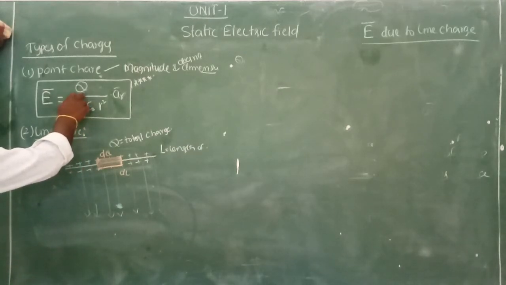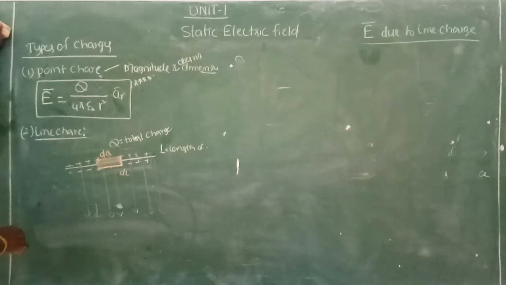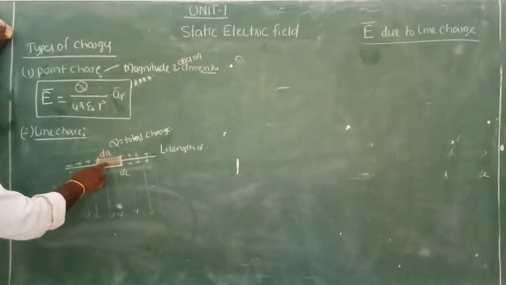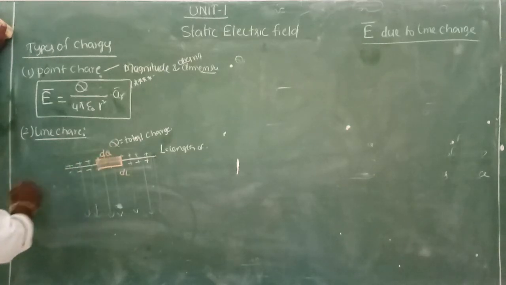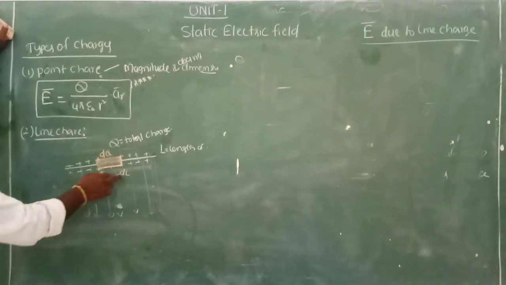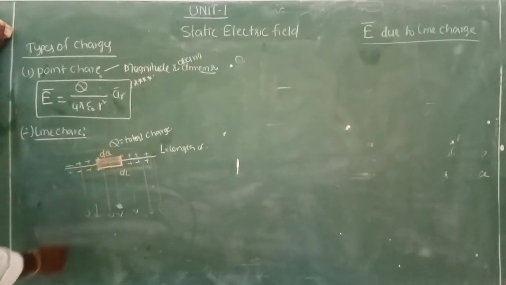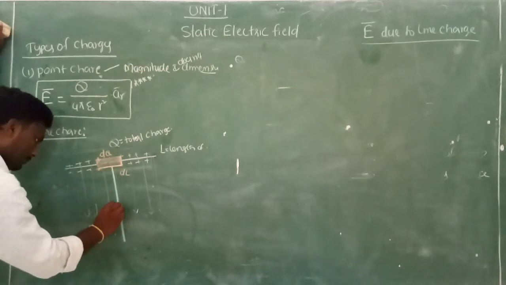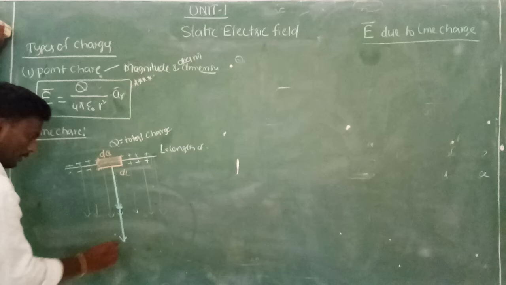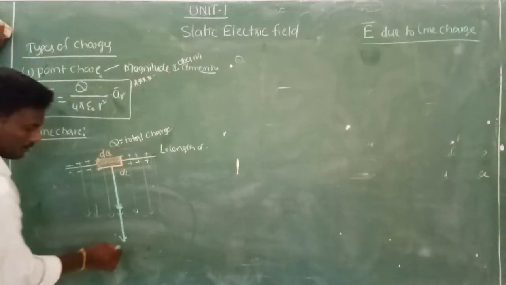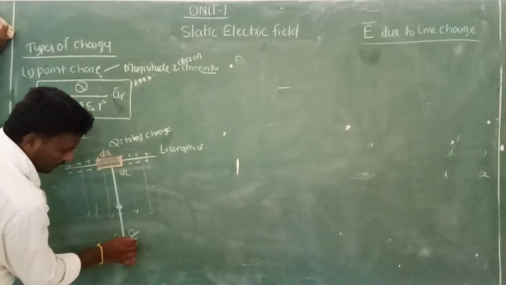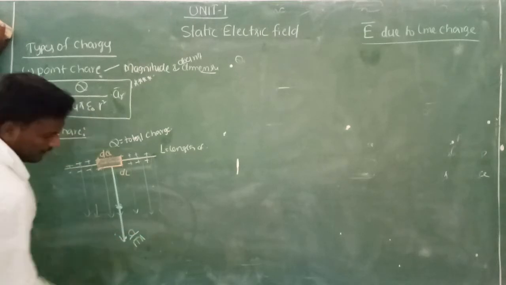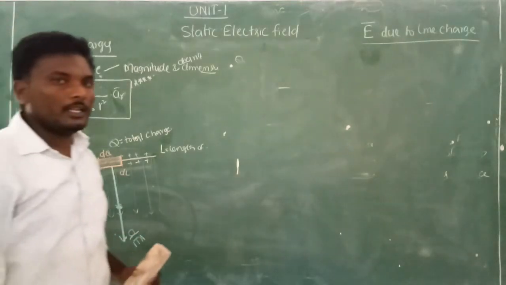In this formula we have considered a point charge Q. But here, is it Q or dQ? It is dQ, a differential charge and differential length. For a differential charge, which type of electric field intensity is produced? A differential electric field intensity, represented by dE bar.